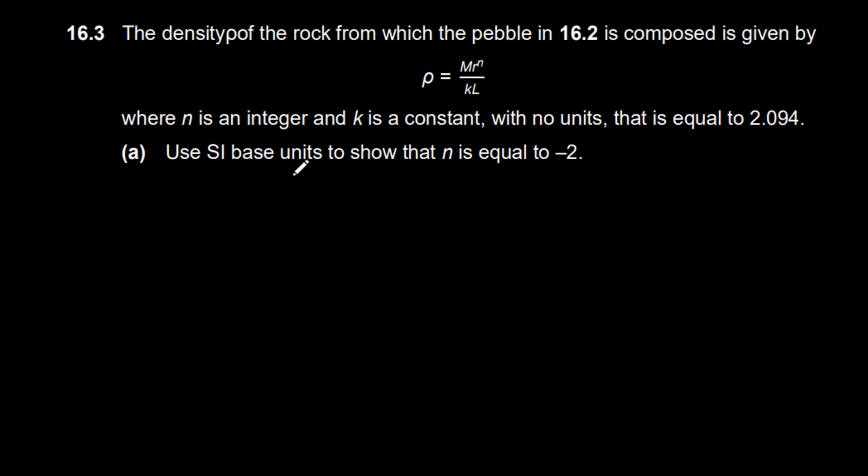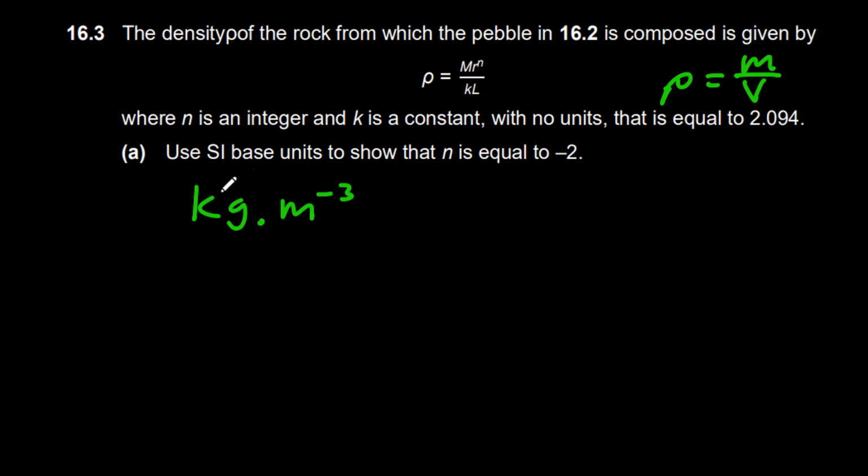Use SI base units to show that n is equal to -2. So let's do that. We can start with the left-hand side. The SI units for density, we know that density is mass per unit volume. So we measure mass in kilograms and volume in meters cubed. So kilograms per meter cubed.